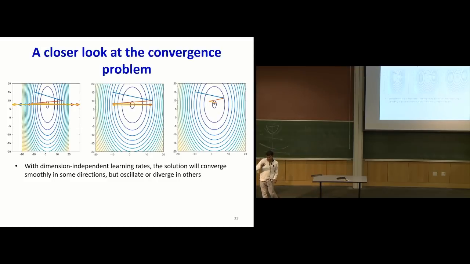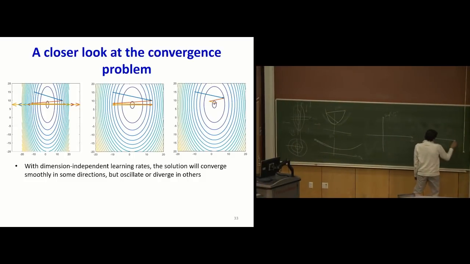The x-axis is the iteration number. The y-axis is the step. So this is iter, and this is step, and this is the step for, say, W1. I can do the same thing for W2, okay?